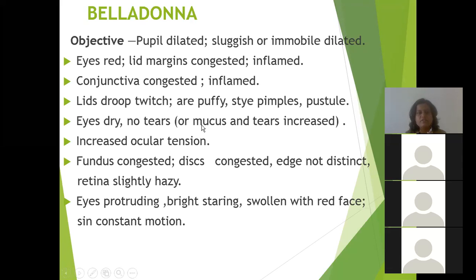There are no tears or mucus, and later tears increase. Increased ocular tension, fundus congested, disc congested, edges not distinct, retina slightly hazy, eyes protruding, bright, starry, staring, with a red face. See constant motion.